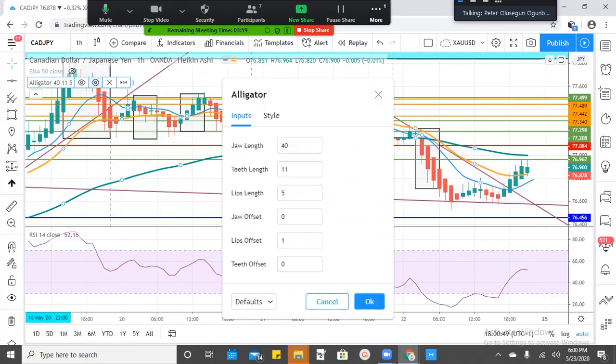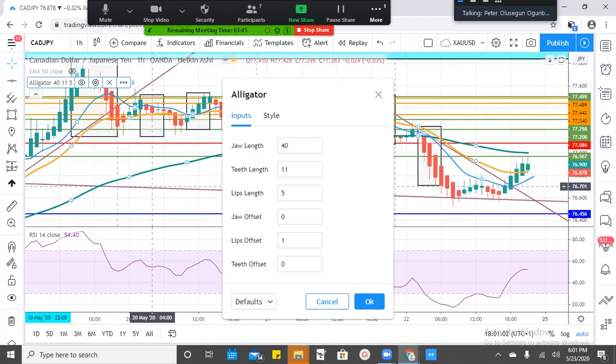setting on your alligator. This is what the setting is going to look like. You are going to select 40 for your jaw. 40 works as EMA 80, which is the green. Now the teeth length actually works like EMA 21, so you're going to select 11.